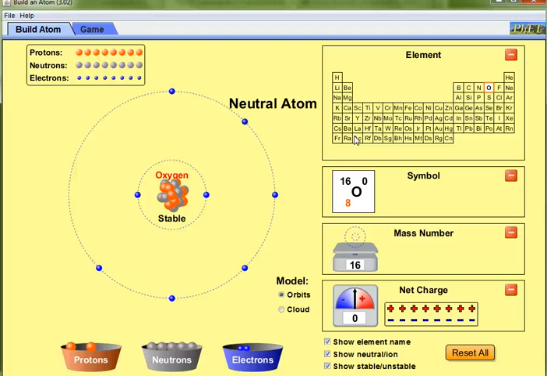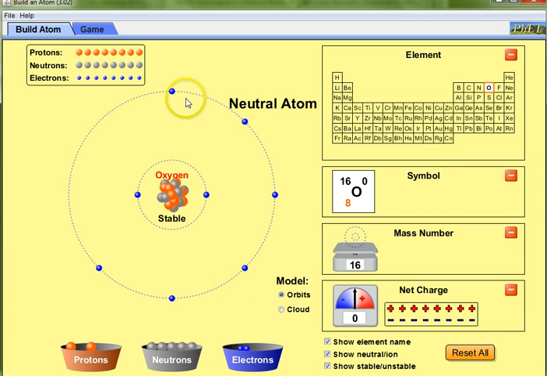That is correct, 6 electrons. Now what is easier, to gain 2 electrons or to lose 6 electrons? That is correct, to gain 2 electrons, and that's exactly what happens.